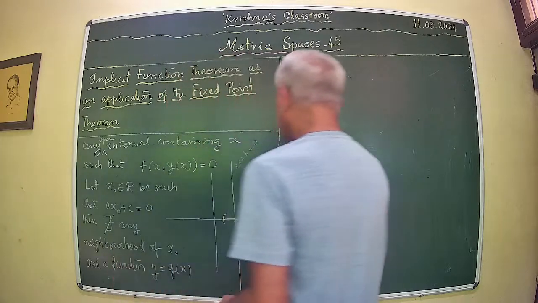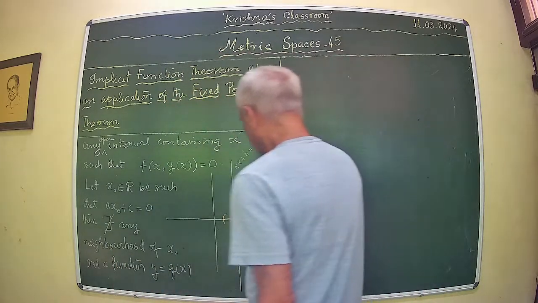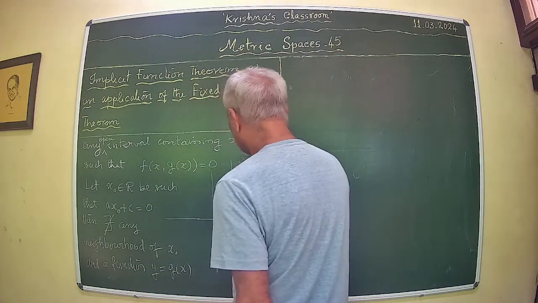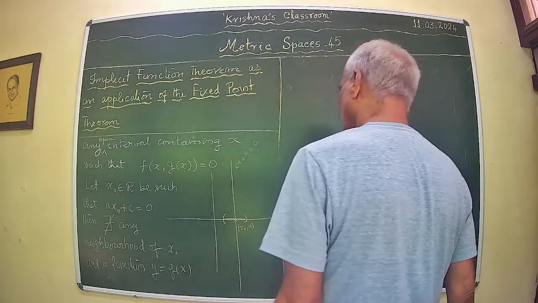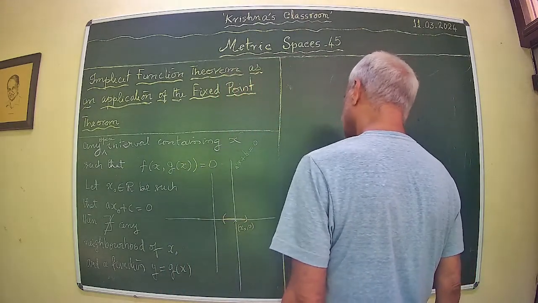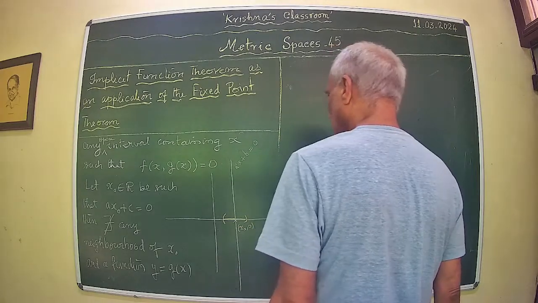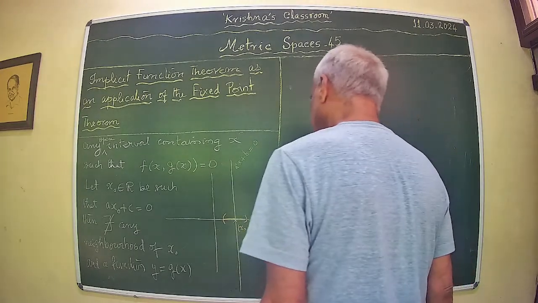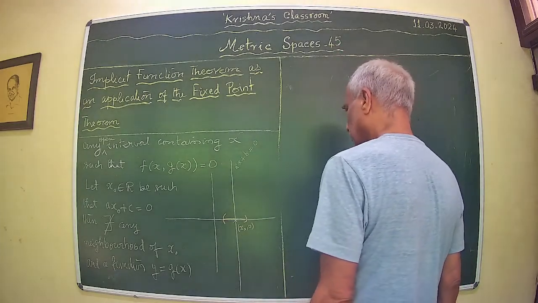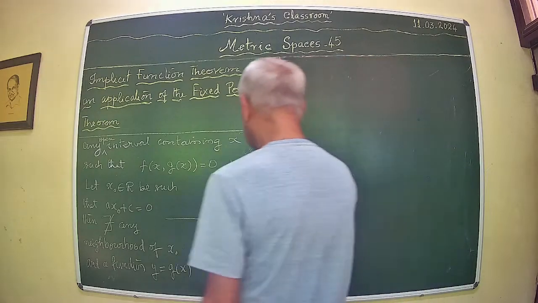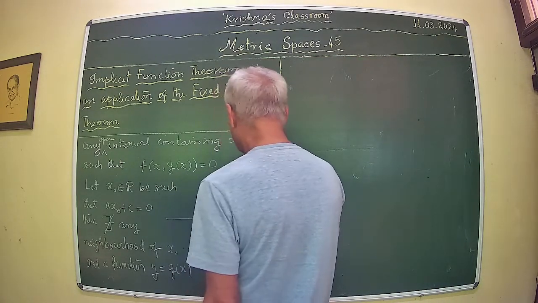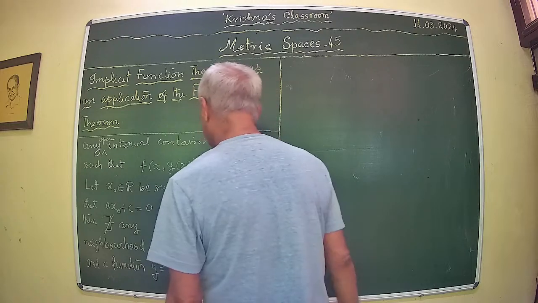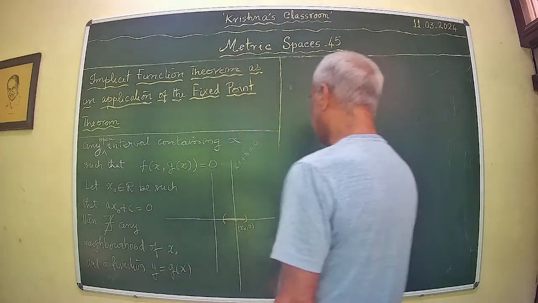Now you see that there is no y corresponding to x such that f of x y equal to 0, except at x0, where for any value of y, in fact, it determines infinitely many values of y.